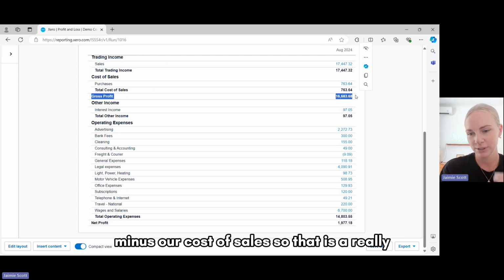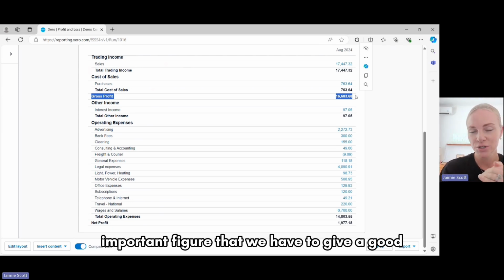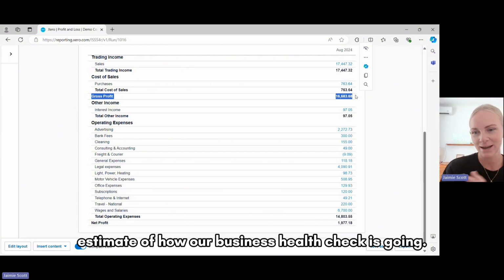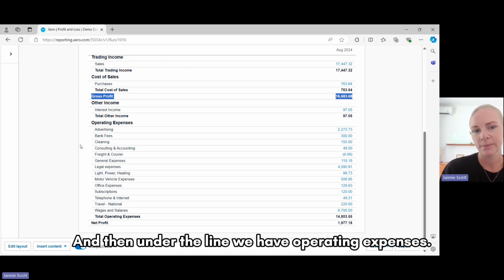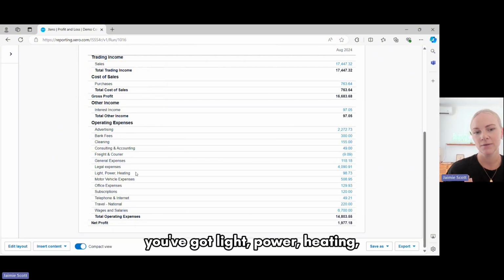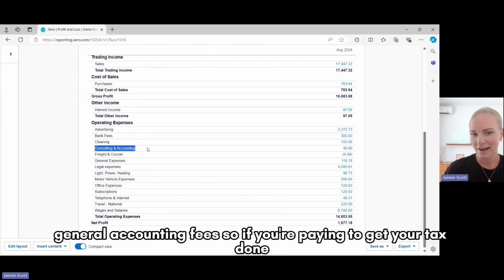So that is a really, really important benchmark, an important figure that we have to give a good estimate of how our business health check is going. And then under the line, we have operating expenses. So under here, we should have general operating expenses, things like light, power, heating, motor vehicle expenses, office supplies like pens and stationery, or general accounting fees.